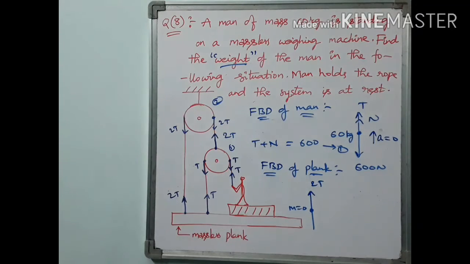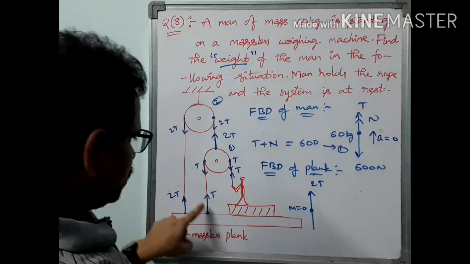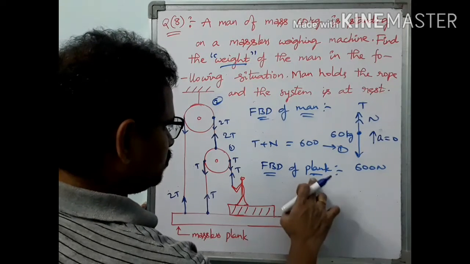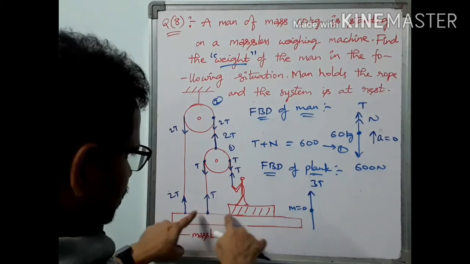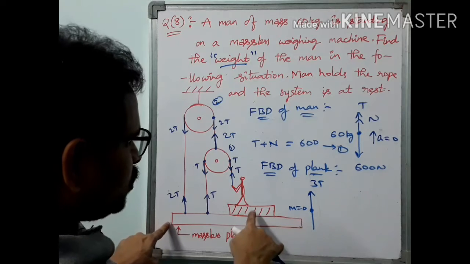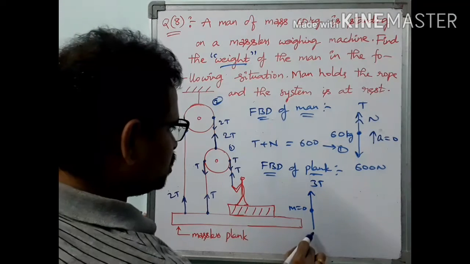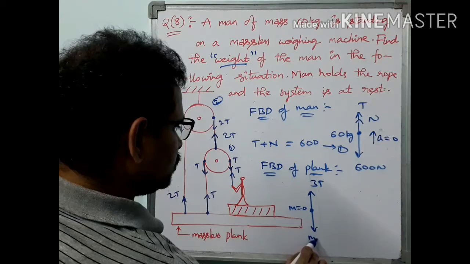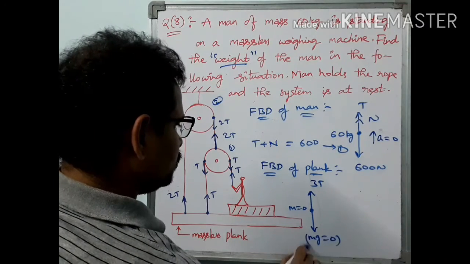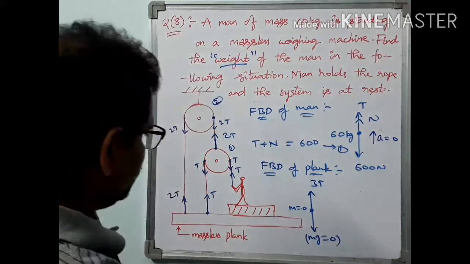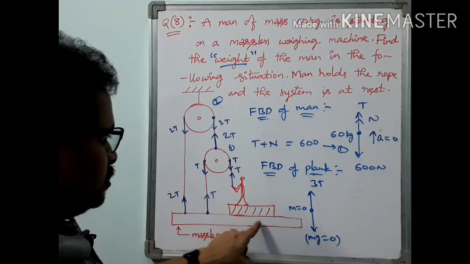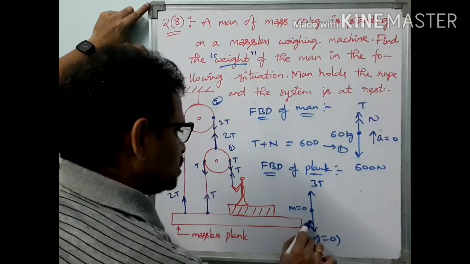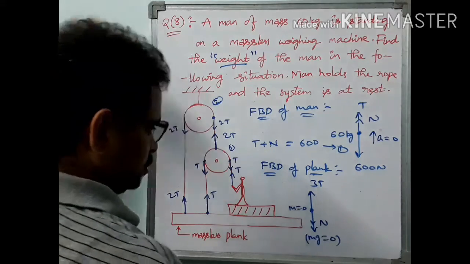Here one more rope is there, so upward force 3T. Mg equals 0 here, because it does not have any mass. But it is in touch with this weighing machine, so it experiences a normal reaction in the downward direction.